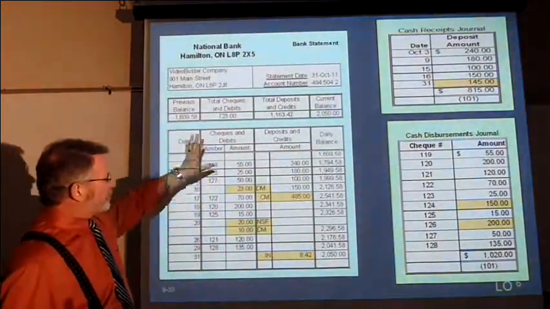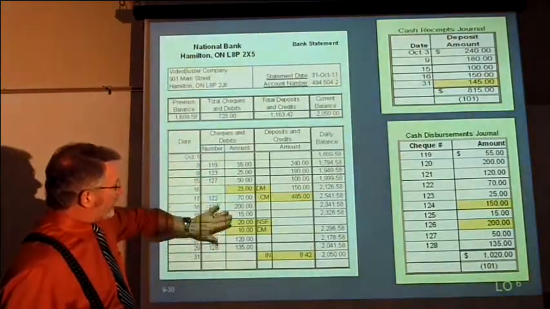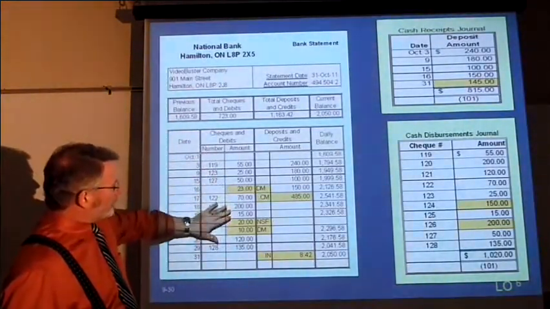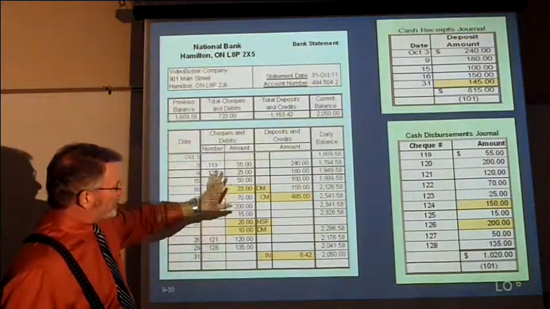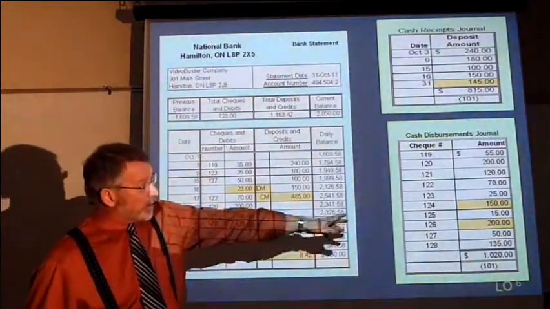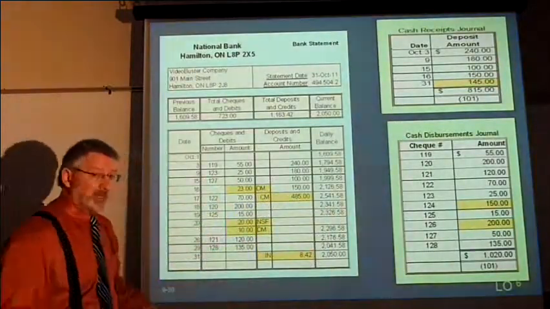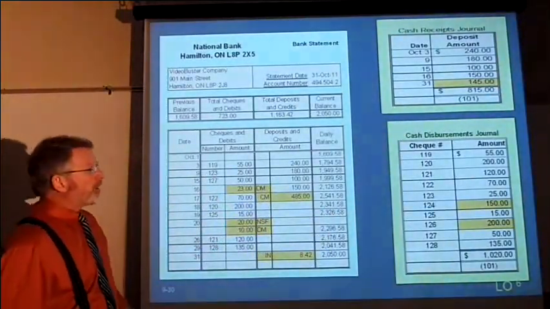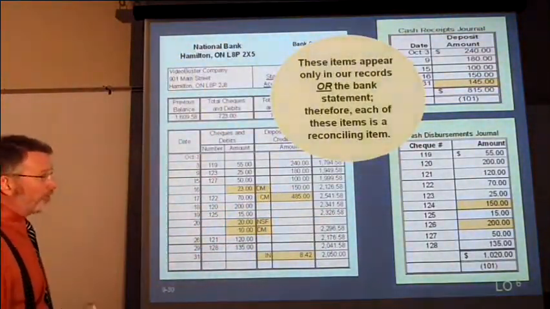On the checks or reductions of bank account side, the bank has reduced our bank account for a total of $20.40.53 that we don't have any record of, but also we've written some checks that the bank doesn't know about yet.